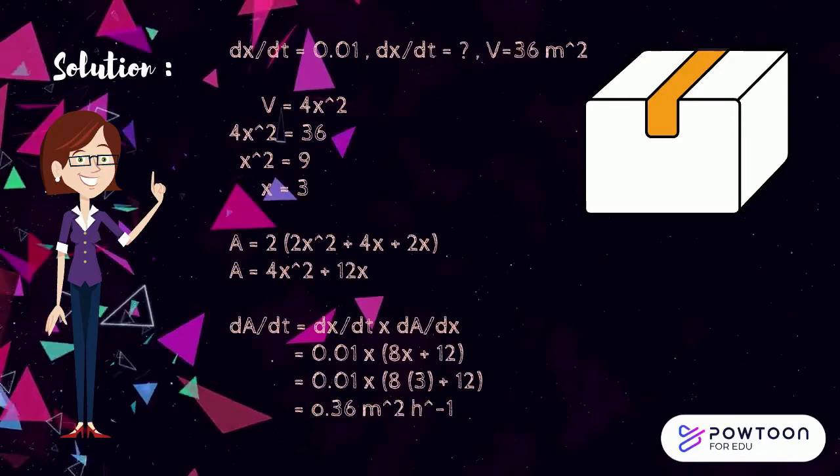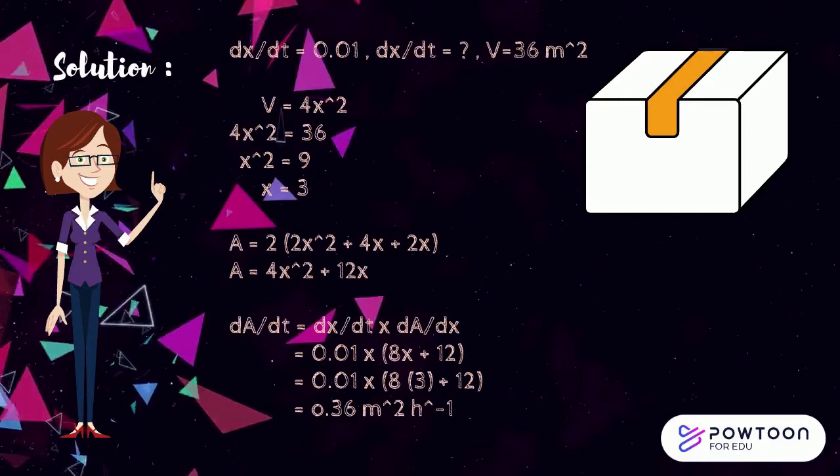Then, we can find the x value from the volume given. As we know, the formula for the volume of a tank or a cuboid is length times width times height. So, based on this question and this figure, the volume of this tank is 2x times 2 times x, which is 4x squared.